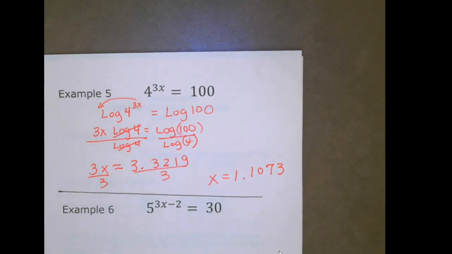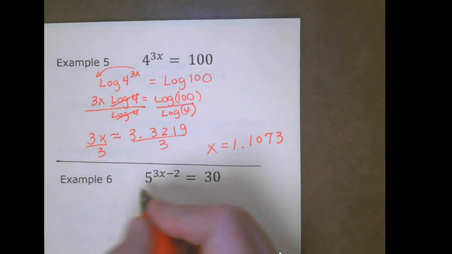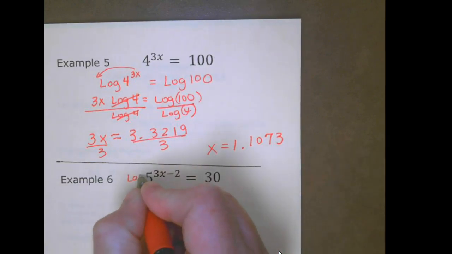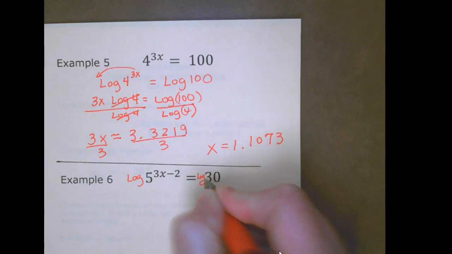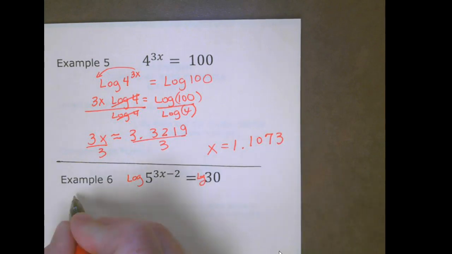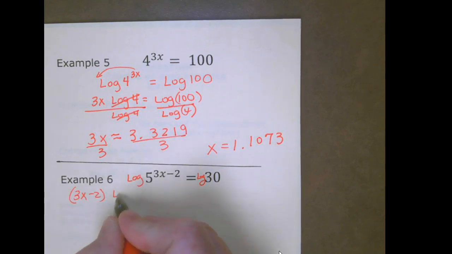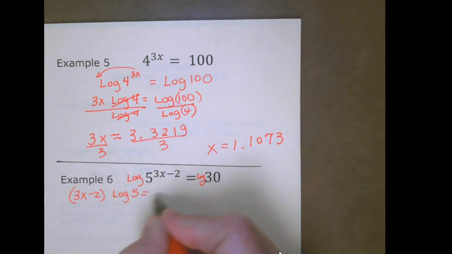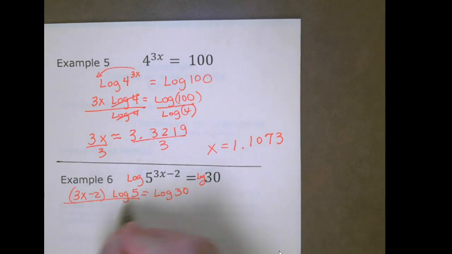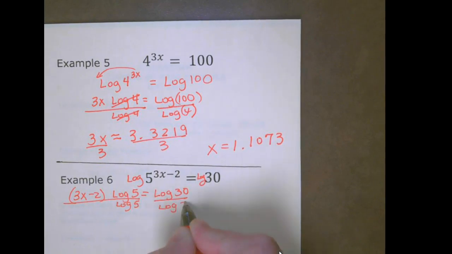To solve example 6, I will take the log of both sides. I will bring the 3x minus 2 out in front using the power rule. I will divide both sides by the log of 5.